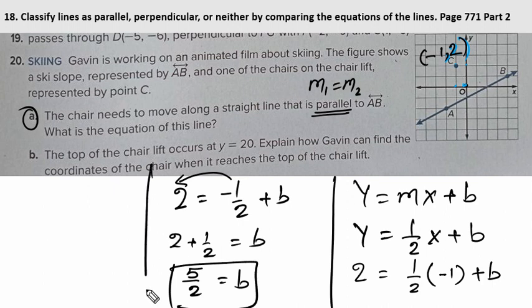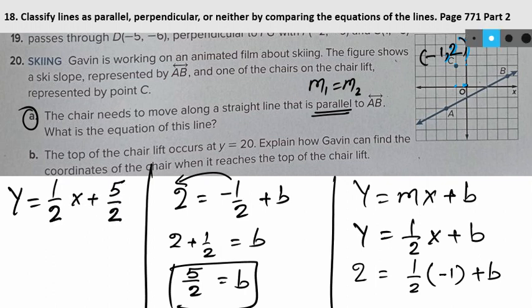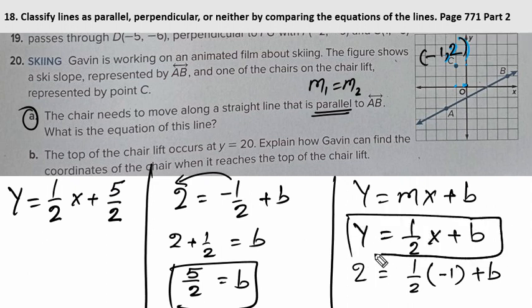So your parallel line equation will be y equals mx plus b, so 1 over 2 x plus 5 over 2. The slope we already found; the slope is the same, 1 over 2 x, from this line equation. And b we found using this point. I've already made a video on how to find a parallel or perpendicular line equation when you have a given point.